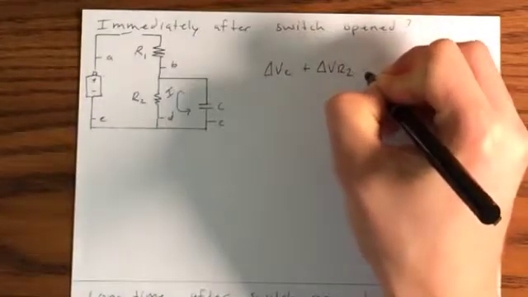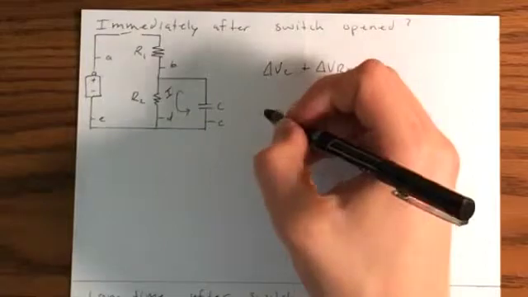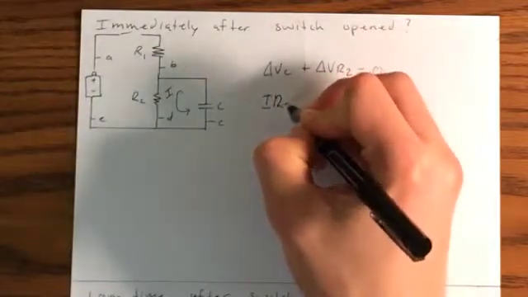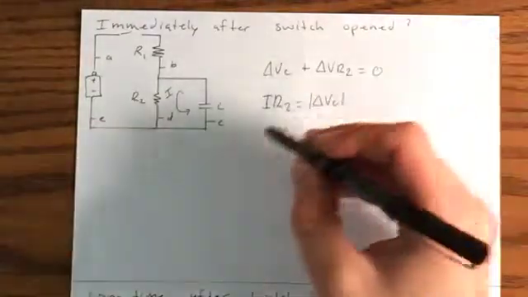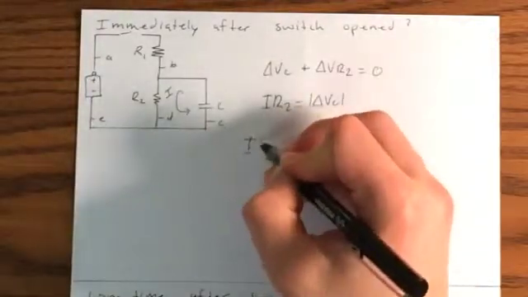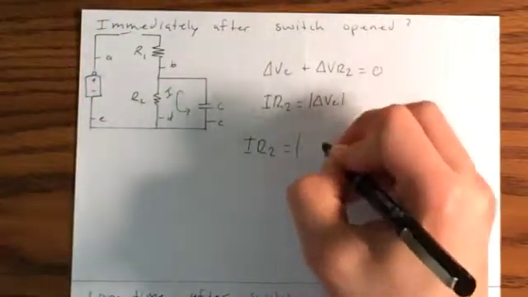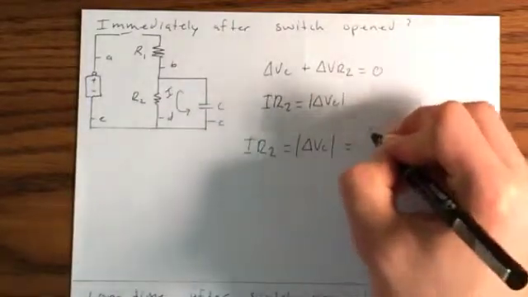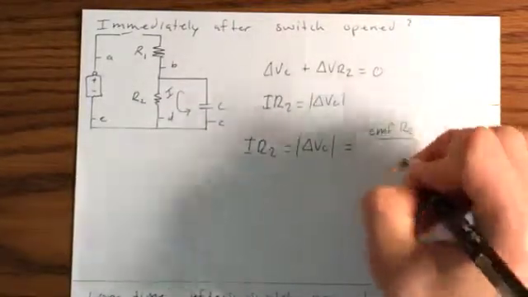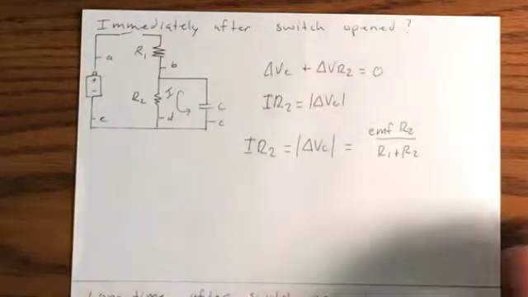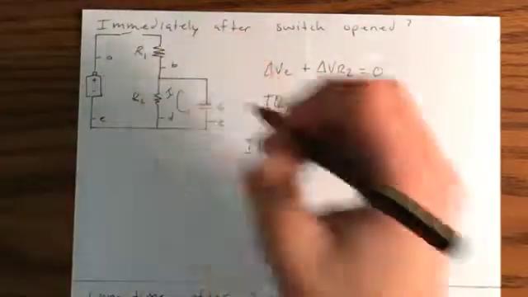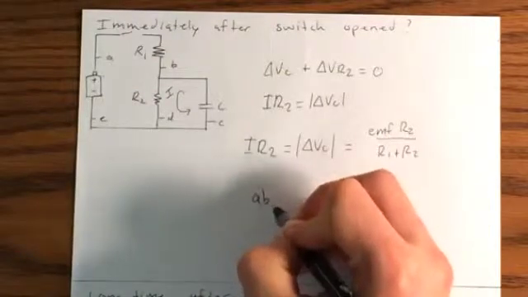That means at points A, B, C, and D, the current's going to be 0. And we know that the potential change in the capacitor is equal to the potential change of the resistor. That way we can get the potential change in the capacitor is equal to the current times the resistance of the second resistor. That gives us a potential change in the capacitor of EMF times R2 over R1 plus R2.